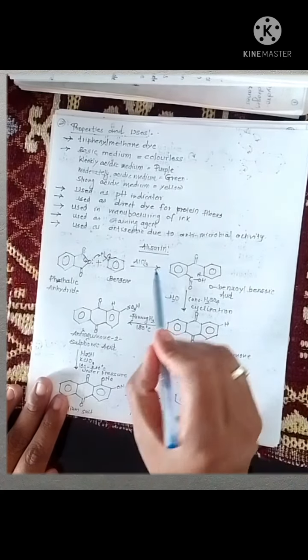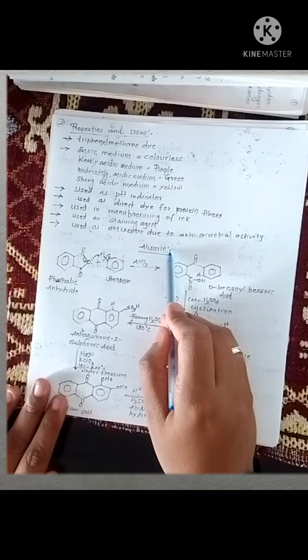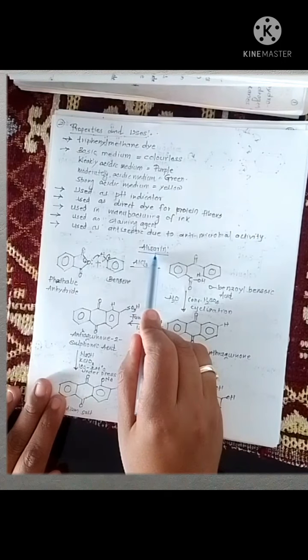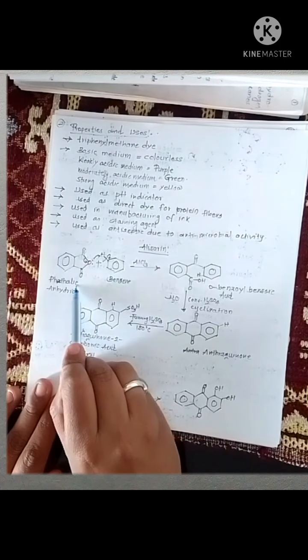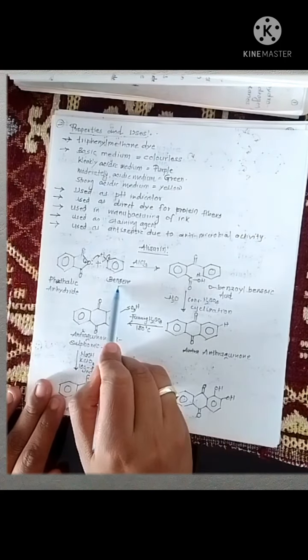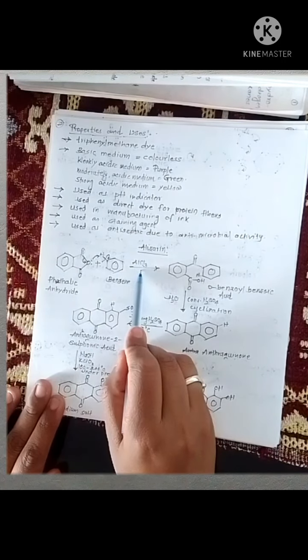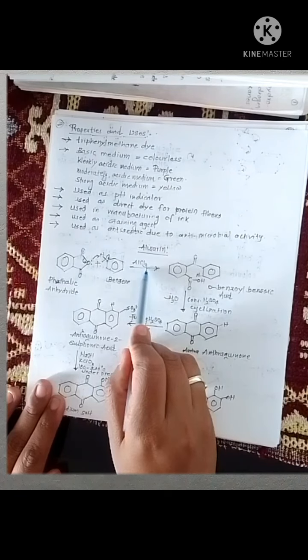Now we are going to see the synthesis of alizarin dye. Alizarin dye is prepared by the reaction of phthalic anhydride with benzene. Phthalic anhydride is reacted with benzene in the presence of aluminum trichloride.